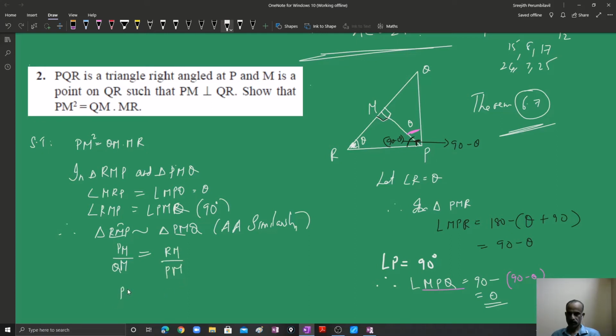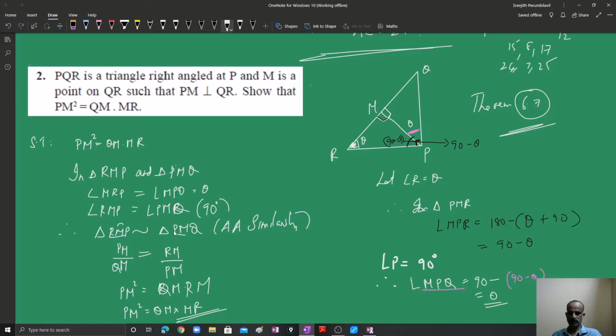Cross multiplying, PM square is equal to QM into MR. That's the proof. We are establishing the similarity between these two triangles.